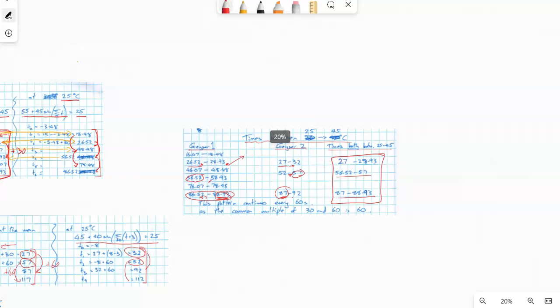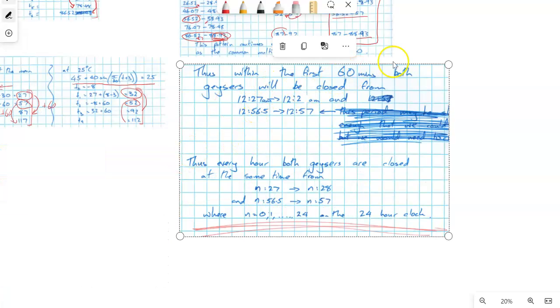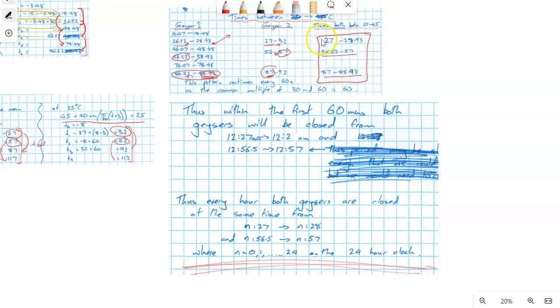Which is why I've gone here, and of course now I figured that out in context, because 27 minutes after midnight is 12:27 a.m. and I don't know why, that's 28, should be a 29 there. And then 56 minutes after midnight is 12:56, to 12:57. So that's when they're both closed, right? And that's going to repeat itself every 60 minutes, so it's going to repeat itself every hour.